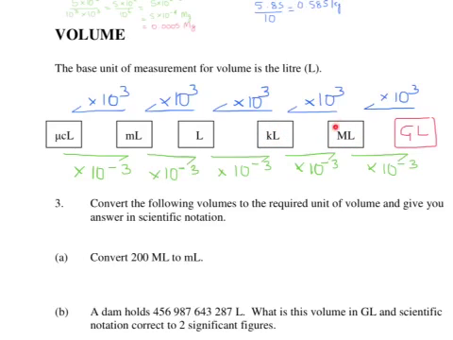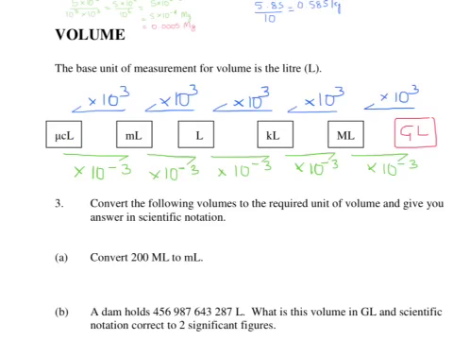When we measure the amount of water that we have in dams or in rivers or in lakes, it's either in megalitres or in gigalitres. We take our medicines in millilitres, and we measure very, very small quantities of volume in microlitres.